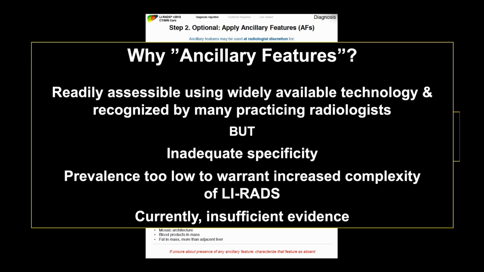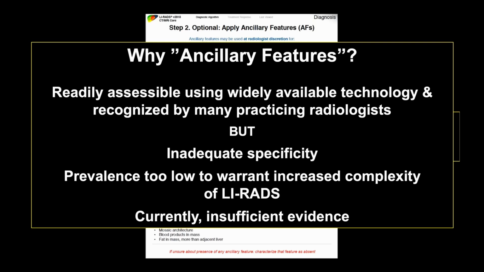This is definitely the case when it comes to many ancillary features. Furthermore, the prevalence of many of these ancillary features is low, and therefore it doesn't warrant increasing the complexity of LI-RADS. Evidence continues to grow regarding ancillary features, but at the release of the 2018 version, many of these still lack sufficient data to move them into the major feature category.